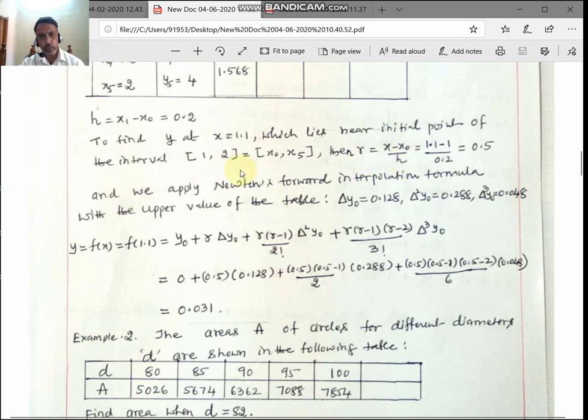Whenever x, here 1.1, is near the initial point of the interval, r is written as x minus x naught by h. If you calculate, the r value will be 0.5. Then we apply Newton's forward interpolation formula, substitute all values, and simplify, and you will get y is equal to f of x equal to 0.031. This is the y value when the x value is 1.1.